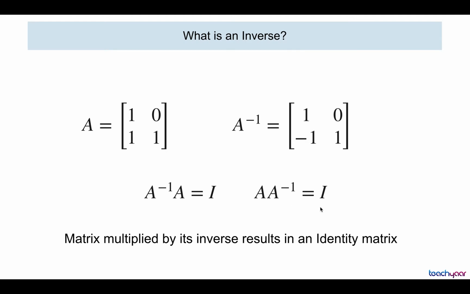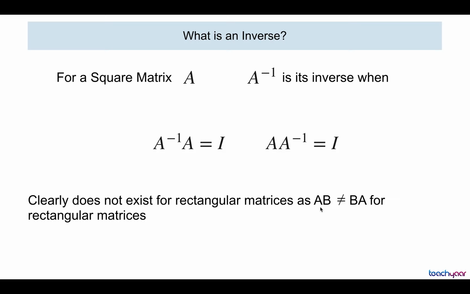Okay, excellent. So for a rectangular matrix, the reason this does not exist is because when you multiply matrices and they're rectangular, you know that AB is not equal to BA. So this whole idea of A inverse A and A A inverse being the same could not hold.